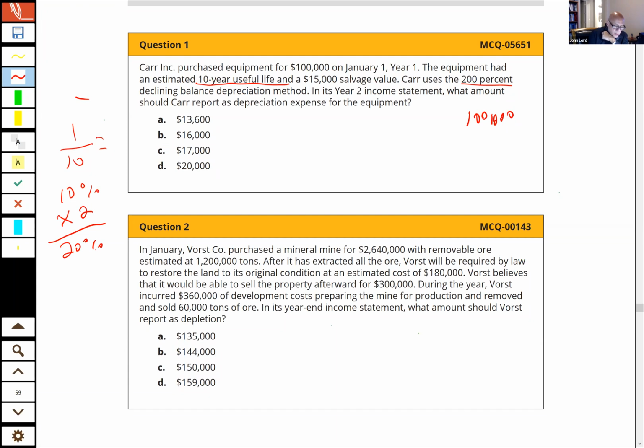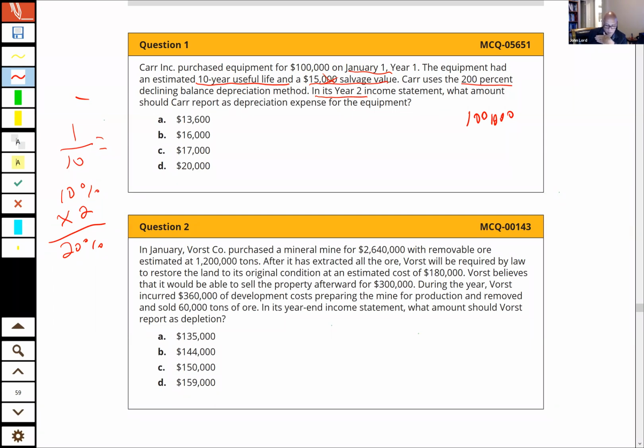So using double declining balance, I'm going to be taking 20% a year. They bought the equipment January 1st, year one. They give me the salvage value, but I can tell just by looking at the call of the question that I don't need that, because it's asking for my depreciation in year 2.